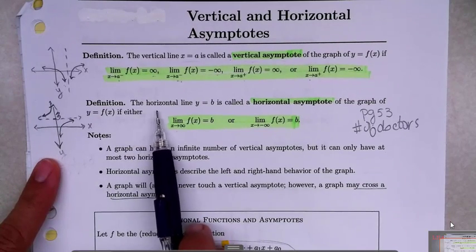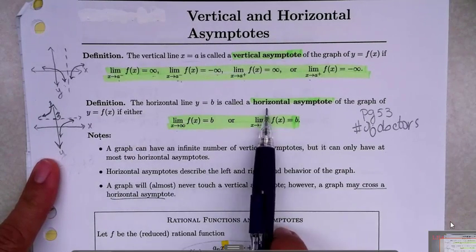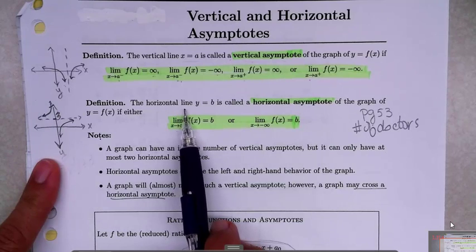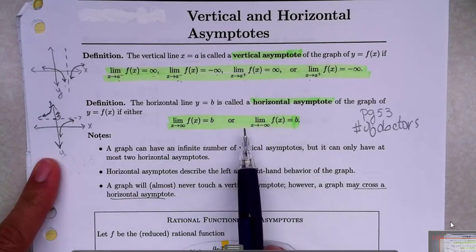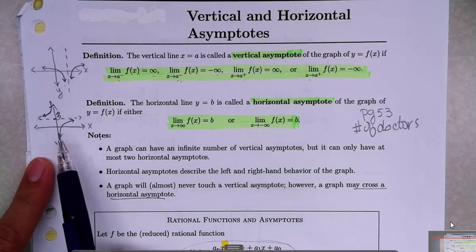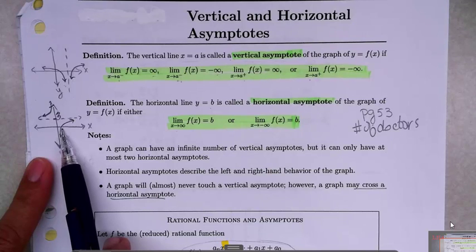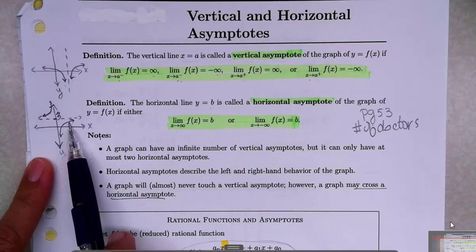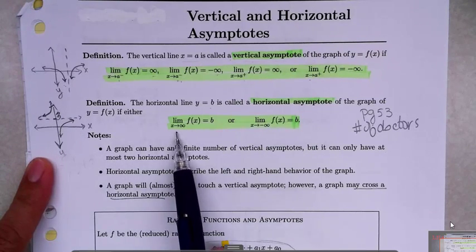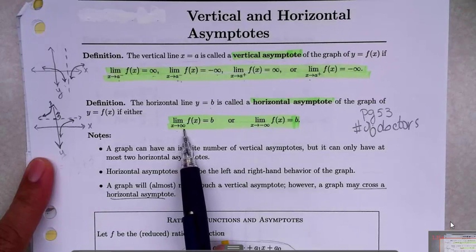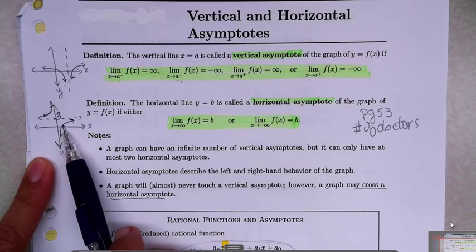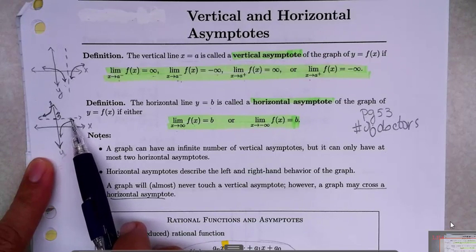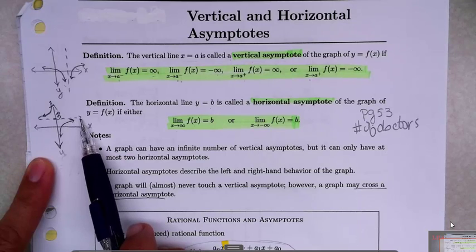There are also things called horizontal asymptotes, and these are horizontal lines. We're calling them y equals b, and basically that means that as I approach some idea of a number, as I get really, really big, for example, as x approaches infinity of this graph, it looks to me like as x is getting really, really big here, I am approaching this horizontal asymptote.